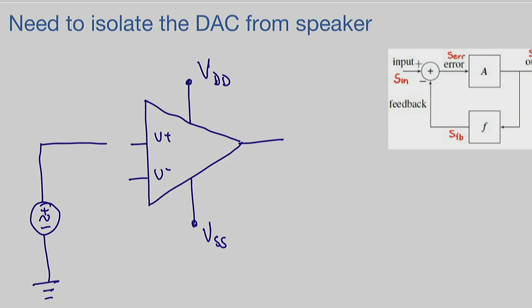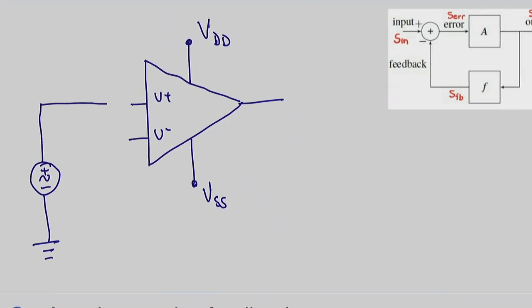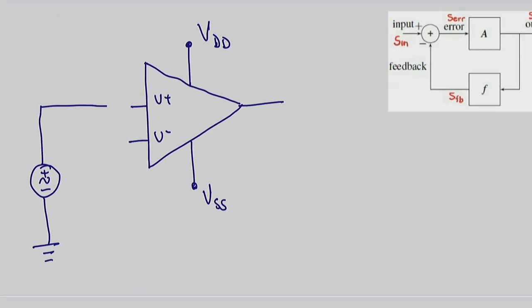Now, let's apply negative feedback. How do we apply negative feedback now? For the negative feedback, we want to take a portion of the output and feed it back into our system to correct the result. So, here we have our system, where I have V Thevenin, and I'm going to connect V Thevenin to U+.